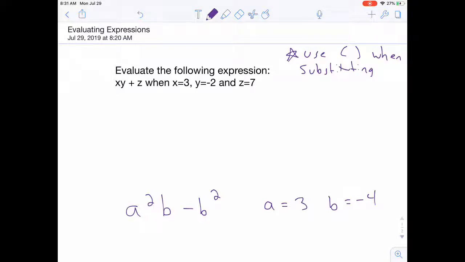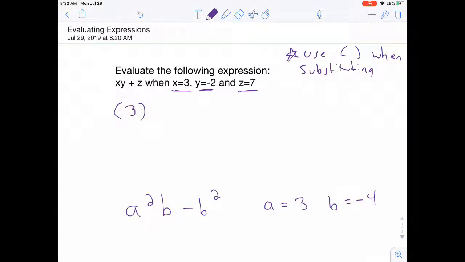So here, if we were to evaluate the following expression, we'll start out easy and go into a more difficult one. xy plus z when x equals 3, y equals negative 2, and z equals 7. I'm substituting these values, 3, negative 2, and 7, wherever I see those variables in that expression. So instead of putting x, I'm going to put parentheses, and I'm going to put 3.